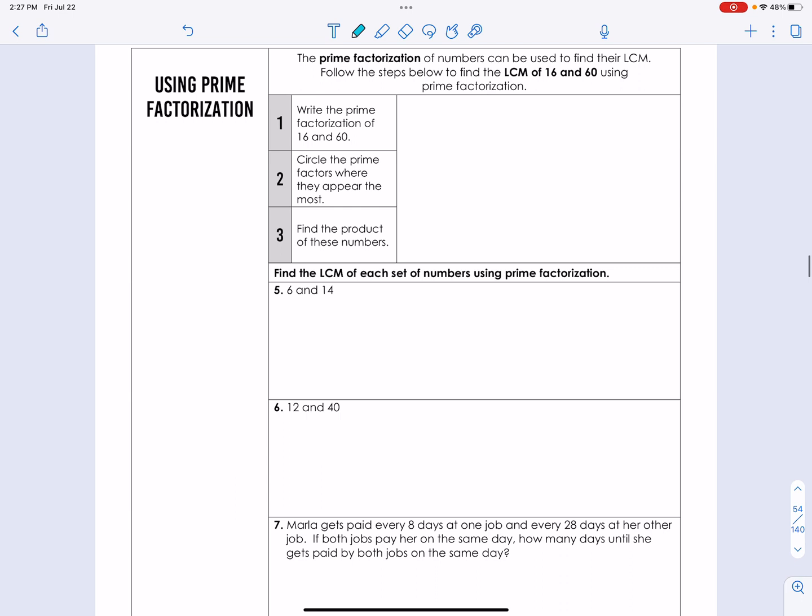And then the other way of finding it is to do the prime factorization to find the LCM. What you do is you list the primes, you circle what appears the most in each of them, and then find the product of these numbers.